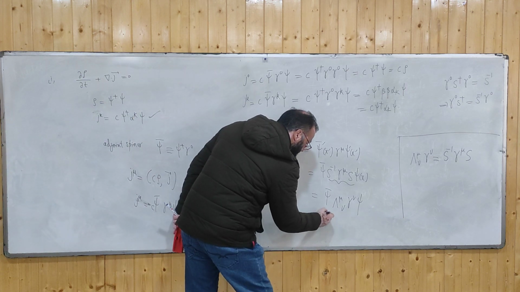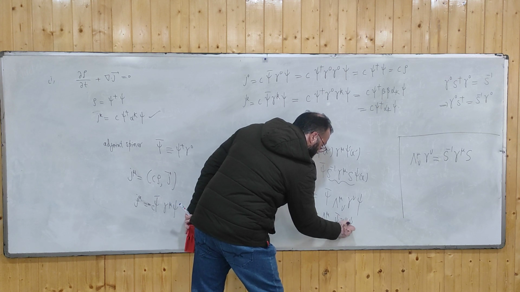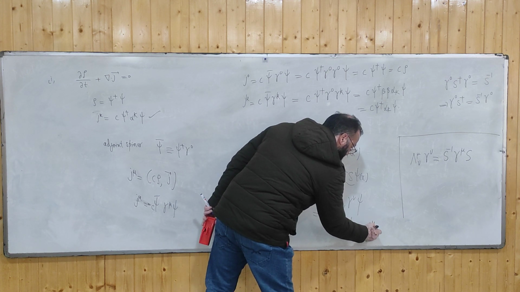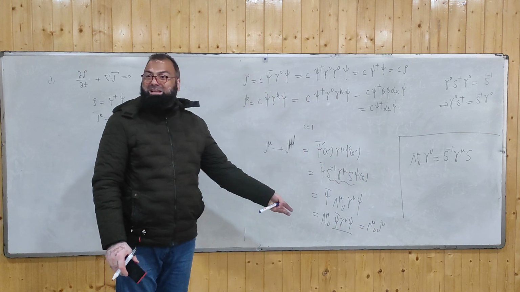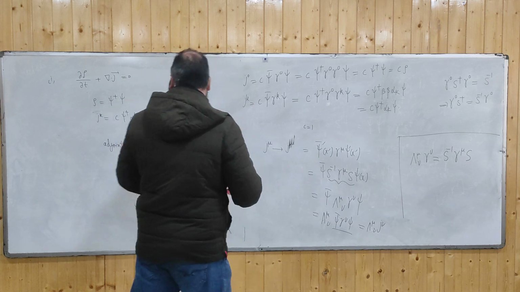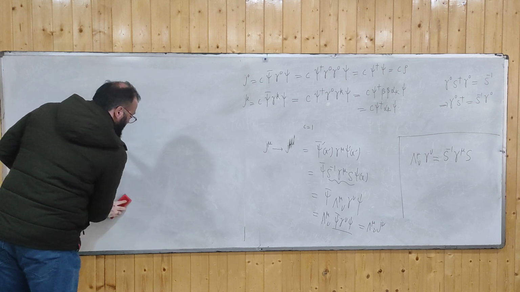So you can take out lambda mu nu, leaving psi bar gamma nu psi. What is this object? This is J. So it is lambda mu nu J nu. What is the transformation rule? It is the transformation of a vector.